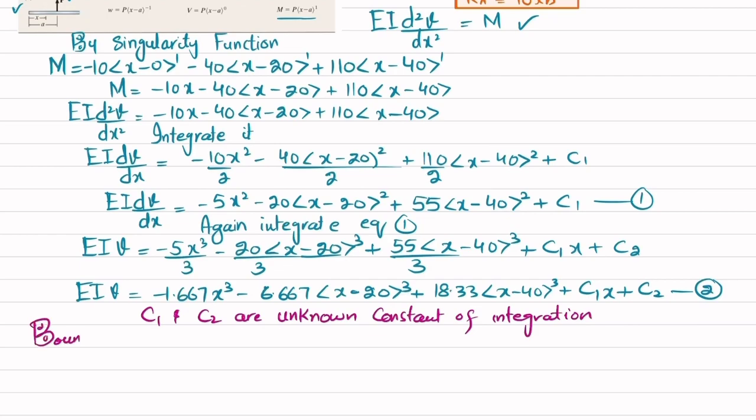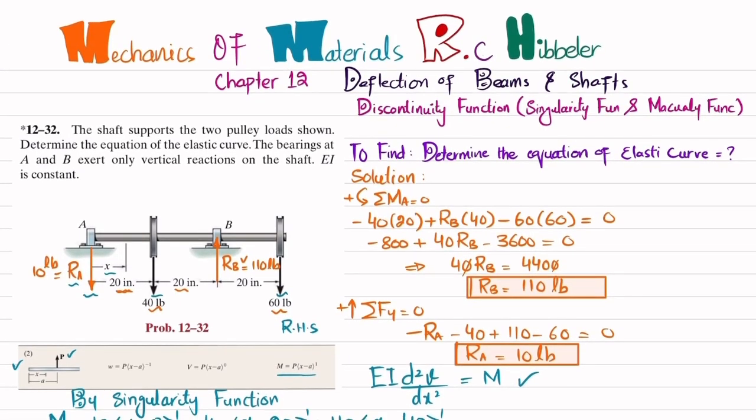Let me write it and then I will show you as well. So you can see that the first boundary condition is that at x is equal to 0 we have deflection equal to 0. So here you can see at x is equal to 0 there is a bearing, so deflection will be equal to 0.